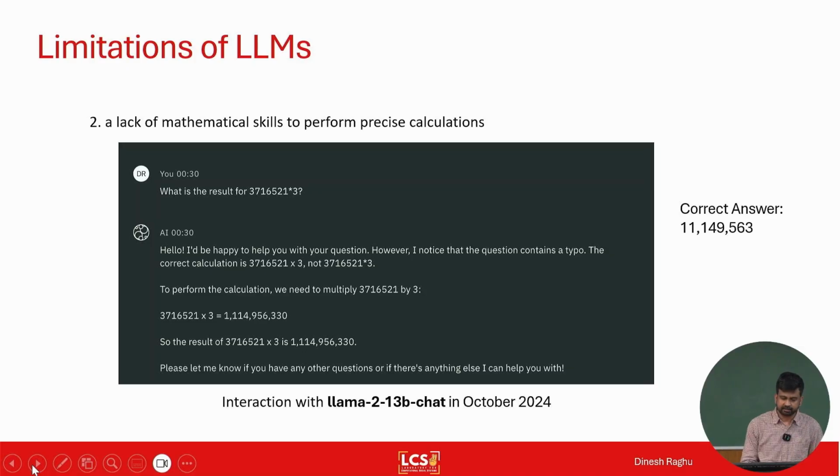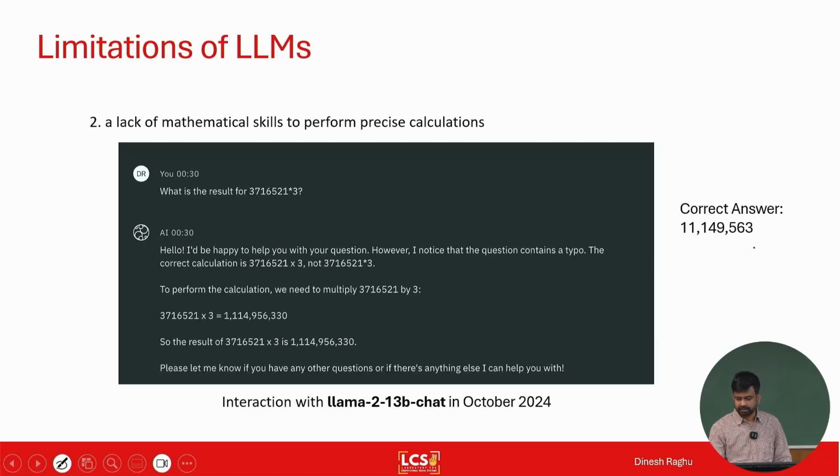Similarly, another issue with LLMs was that even though they achieved superhuman performance in language-specific tasks, they fail many times on very simple reasoning and math operations, right? One example here on a Llama 2 13 billion chat model was, if you multiply a very small number, 3, with a 7-digit or 8-digit number, then it ends up hallucinating a lot.